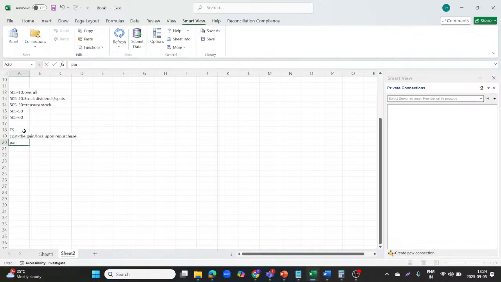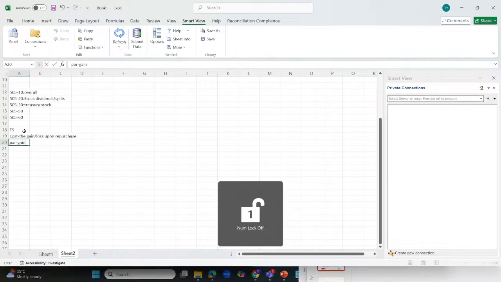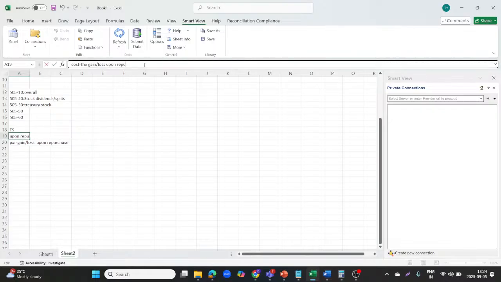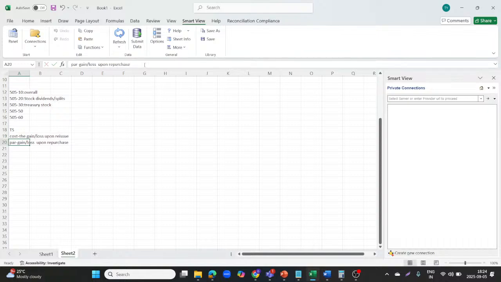So the cost method says gain or loss upon reissue, and the par method says gain or loss upon repurchase.